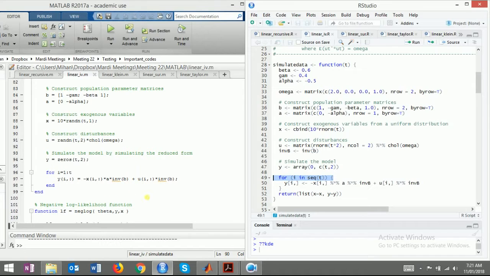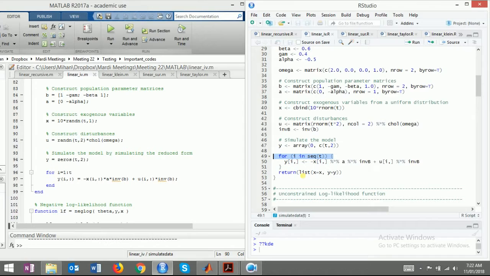Okay, that is the equation that we had from the reduced form. So this is the same thing. And then this function returns x and y, list x, y.